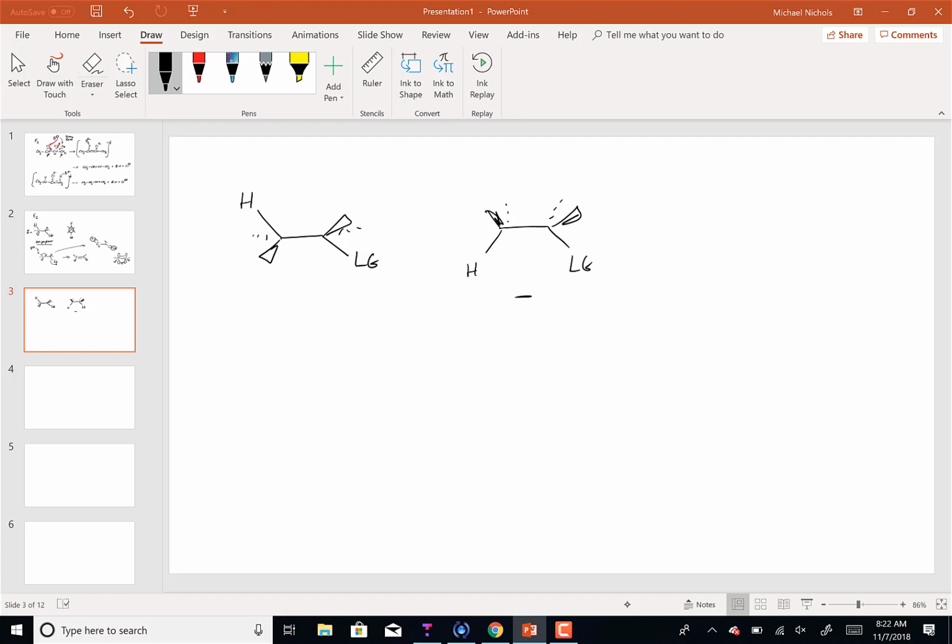Why? Because the first step in the mechanism is to break the carbon leaving group bond so that I end up with my carbocation. Now remember, a carbocation is sp2 hybridized with its empty p orbital. So once I lose the leaving group, I'm going to form the carbocation at that carbon.